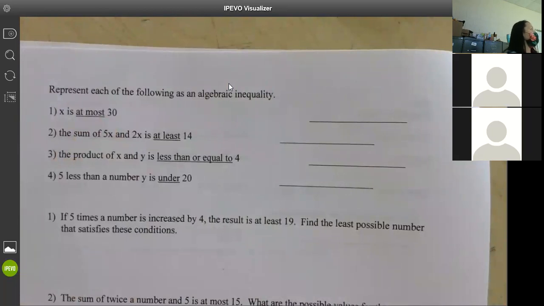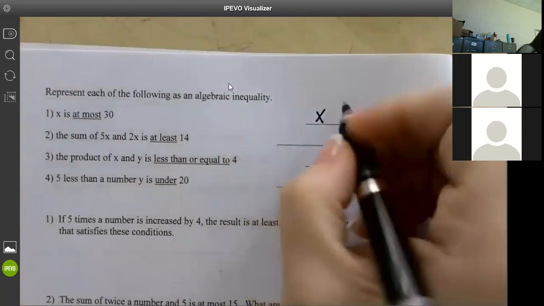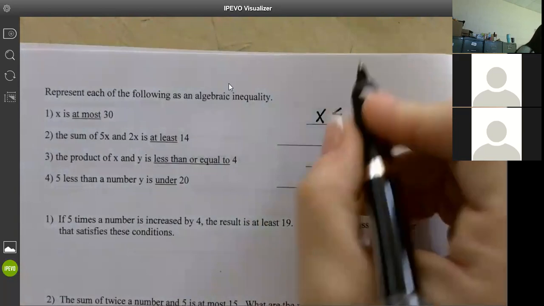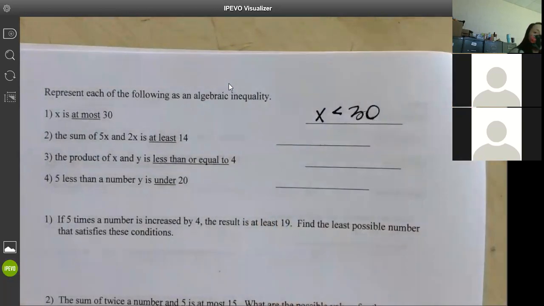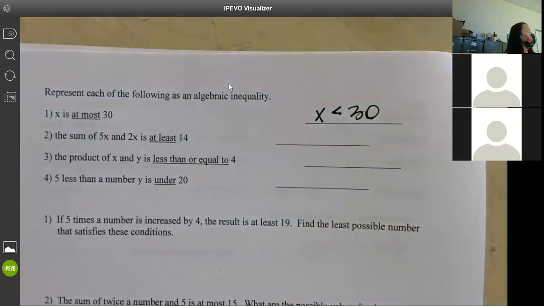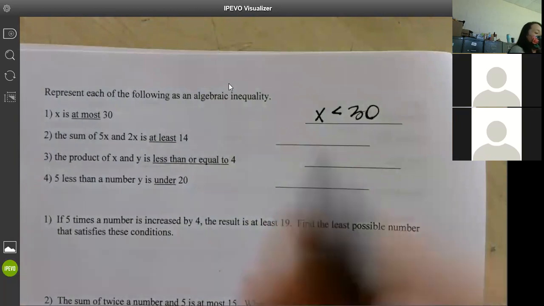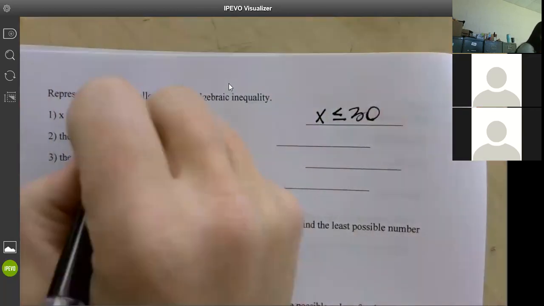So which way do we have to go? Greater than or less than? It cannot be higher. It's at most. That's the max. Less than? Less than. Okay, so this is going to be x is less than 30. My question is, can it be equal to 30? Yes, at most means less than or equal to.